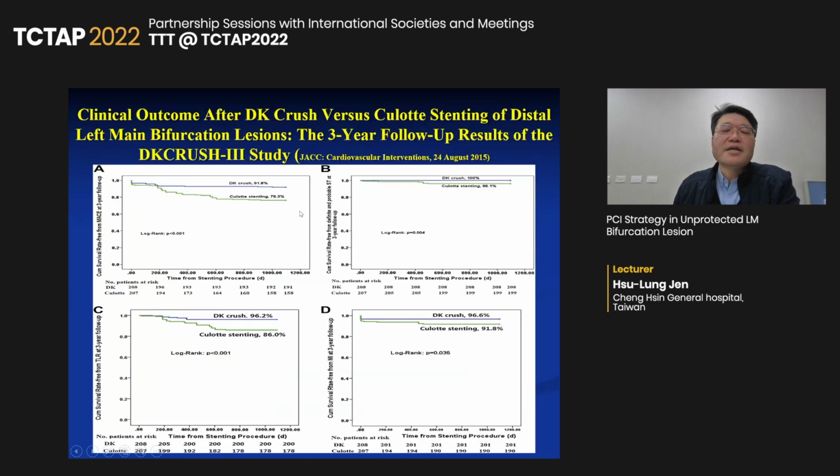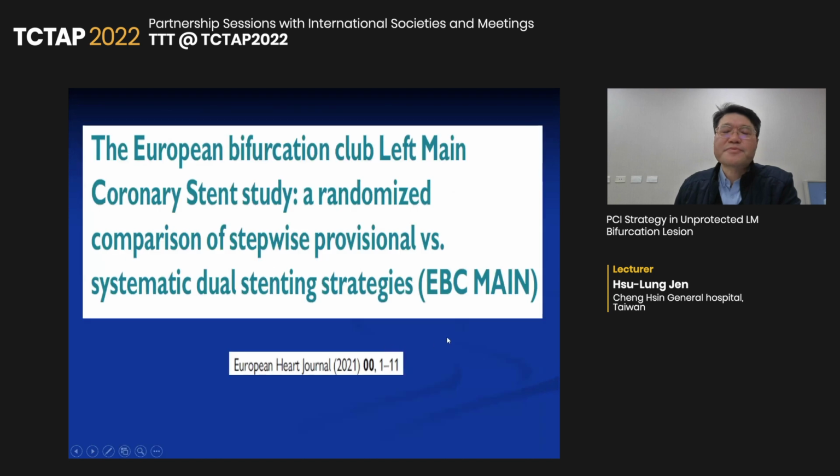So how about the two-stent strategy? For the left main distal bifurcation, in DKCRUSH-III they compared culotte and DK crush, and DKCRUSH-III showed a better clinical outcome for DK crush compared with the culotte technique in MACE and target vessel revascularization.